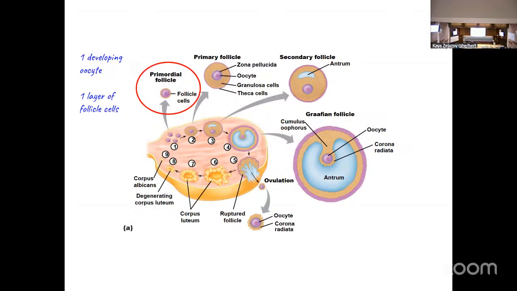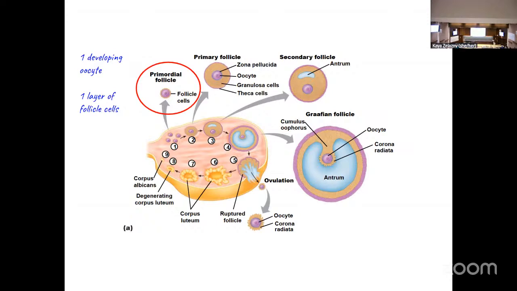You don't need to know that much, but know that we're paused. We haven't completed meiosis one, but we're prepared for it. So we have this oocyte that's growing inside, and we have this little layer of follicle cells around. That's where we're starting out.